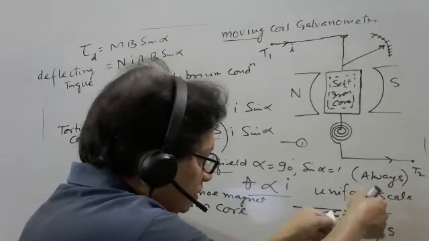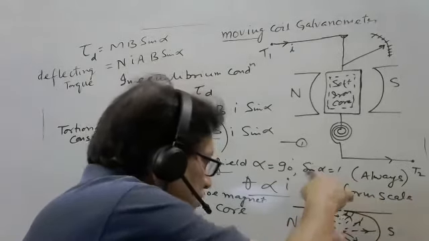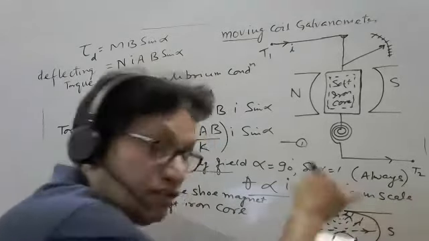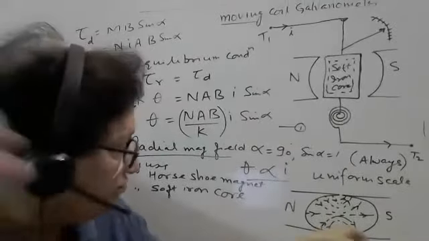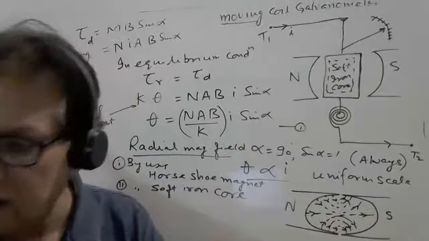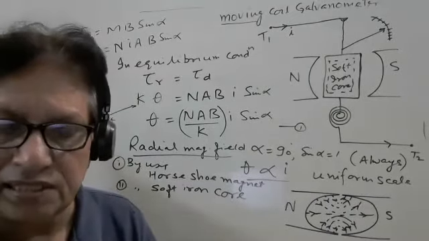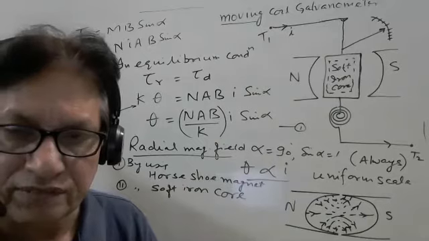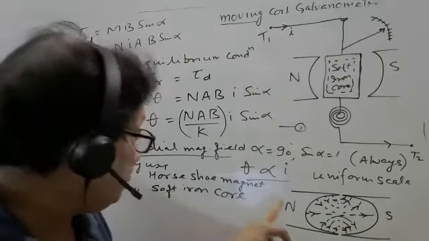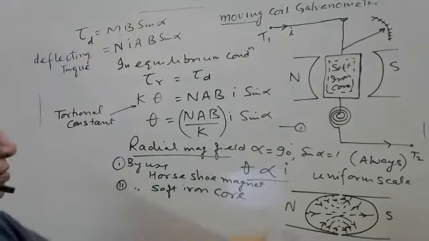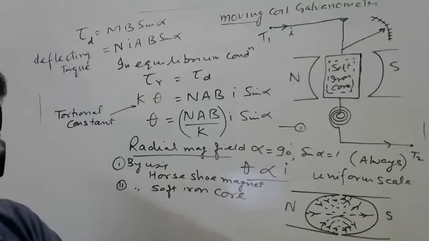So here also, and here also, towards the south pole. Like so, with this arrangement, we can say alpha is 90 degree for all positions of the coil. It is possible if we take the horseshoe magnet rather than a normal magnet.